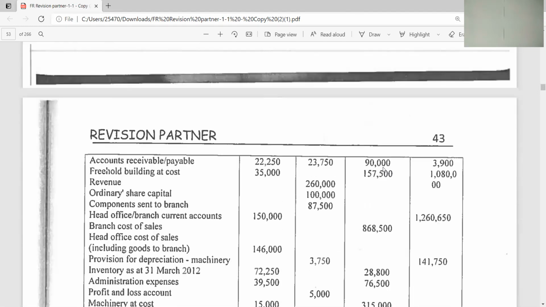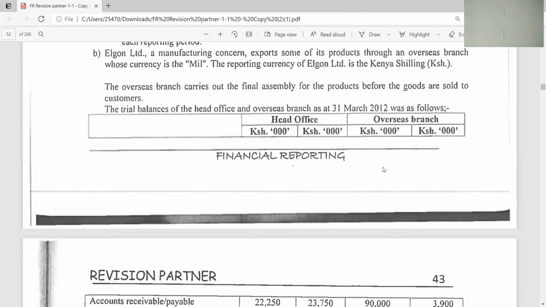What you need to understand here, before I continue with the additional information, is that Erigon was a manufacturing concern which exports some of its products through an overseas branch whose currency is Miri. The reporting currency is Kenyan shillings, which is that of the head office.